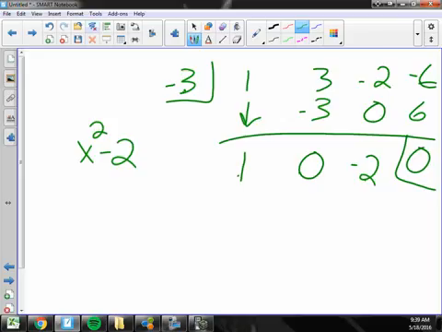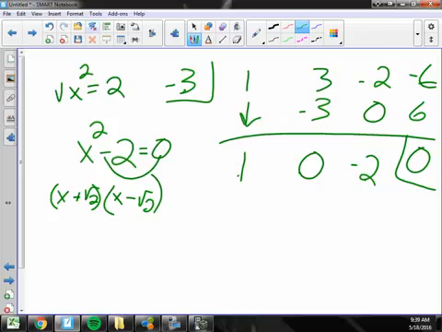You can either factor it into conjugates, which would be x plus or minus the square root of 2, or you can set it equal to 0 and add 2. X squared equals 2, so x equals plus or minus the square root of 2.